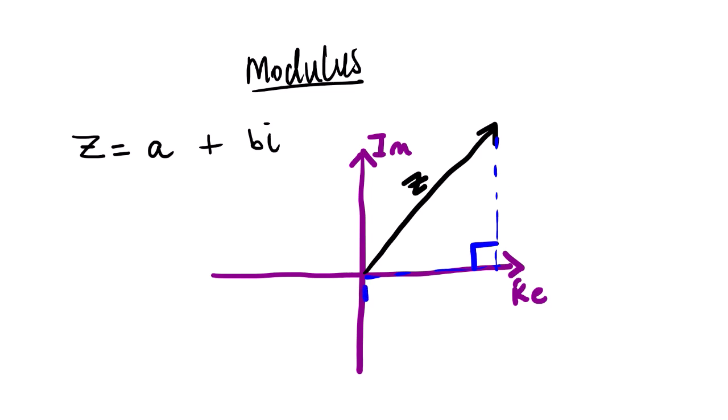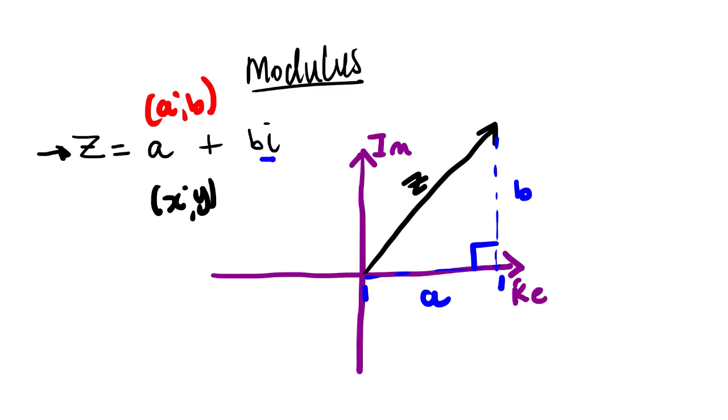Now this side will be a, then b is actually this side. So if we compare this to the algebraic, or we try to write this in a coordinate form, we know that coordinate form is x, y. For complex numbers it is a, b. I hope you can see.